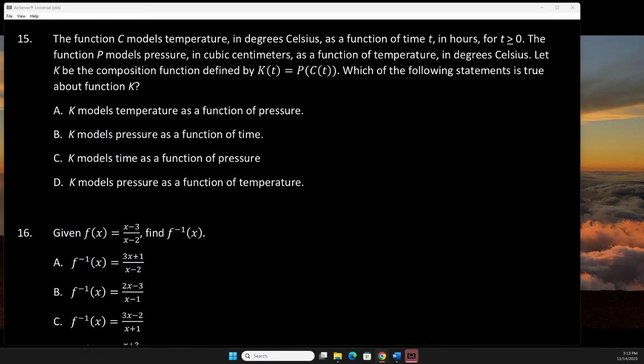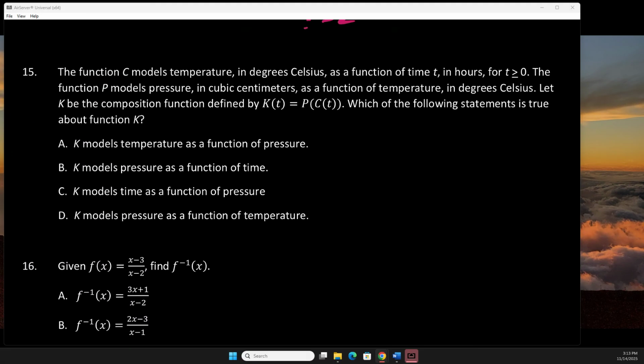Okay, for number 15, we have the function c models the temperature in degrees Celsius as a function of time. So c as a function of time would be c of t.